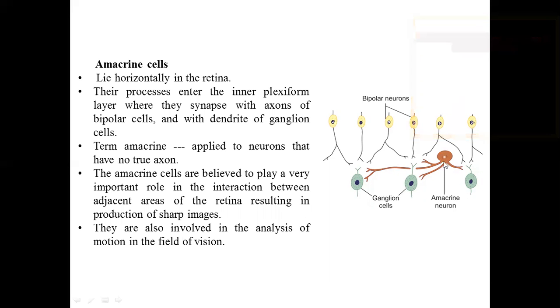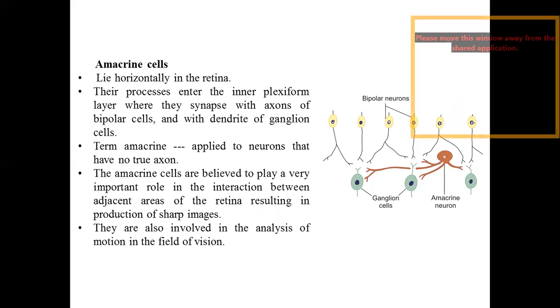So amacrine, meaning of amacrine is neurons that have no true axon. So there is no true axon for this neuron. They are believed to play an important role in the interaction between adjacent areas of retina, resulting in the production of sharp images. They are also involved in the analysis of motion in the field of vision.